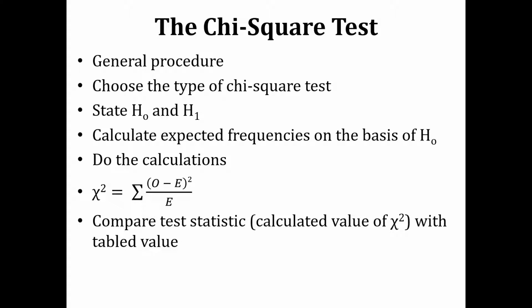So you have to compare the test statistic, which is the calculated value of chi-square, with the tabled value from the chi-square distribution table. After you have done this comparison, you state your results, whether your results are significant or not significant. This is the general procedure for any kind of chi-square test that you're going to use.